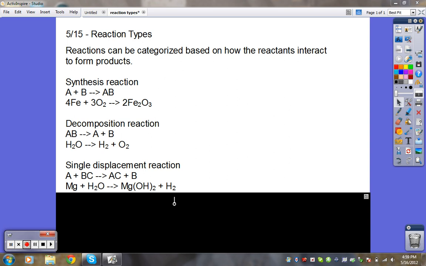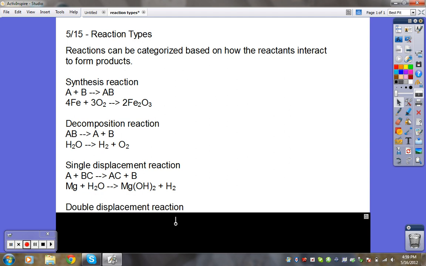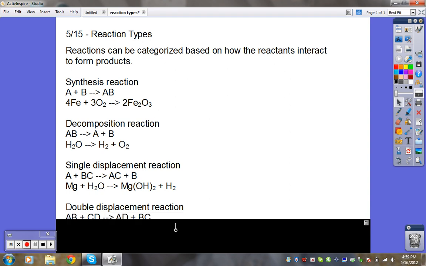So then the last type of reaction is called a double displacement reaction, or again, sometimes you'll see this as a double replacement reaction. And this is one in which you have AB, so a compound AB plus compound CD, and then the A and C essentially replace each other.